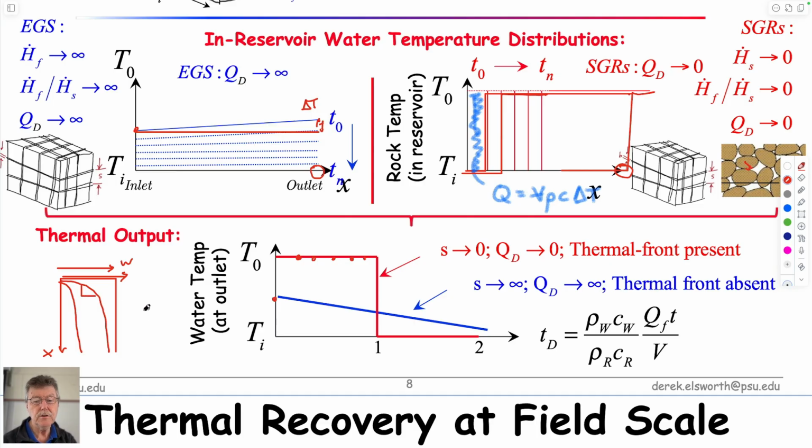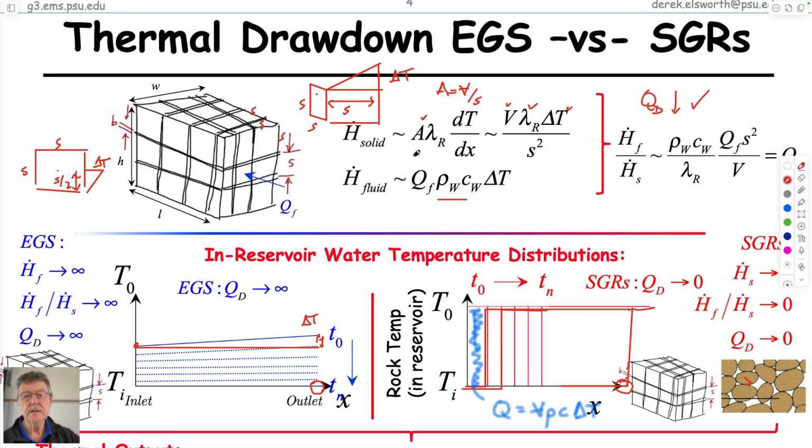So this gradient here is dT/dx, or change in temperature with length. So this would be temperature here. So when this is here, it's infinite. So initially, when you start depleting, this temperature gradient is infinite, which means that the heat transferred from the solid is also infinite, but only for an infinitesimally small period of time.